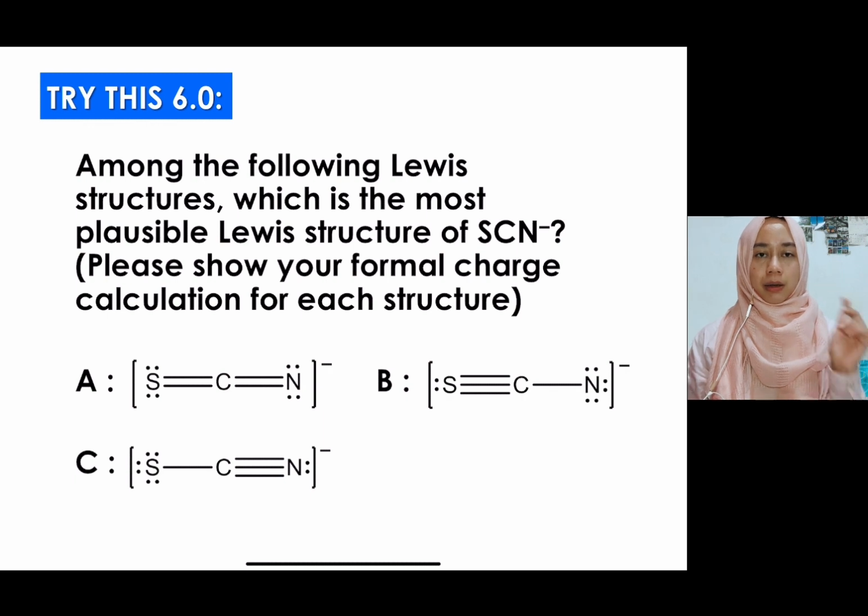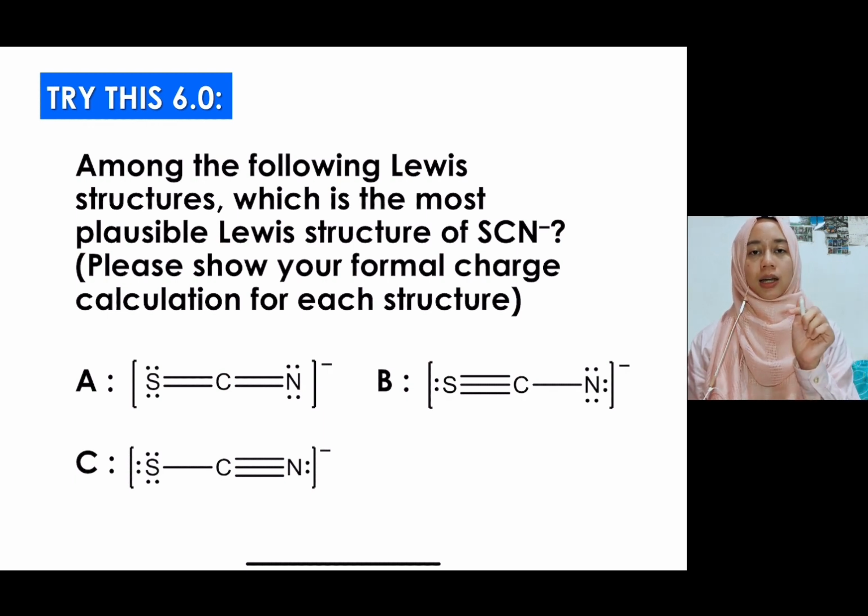Okay, sebab bear in mind sekali lagi, hint dia adalah in order for a Lewis structure to be the most plausible Lewis structure, dia ada 2 syarat kan. The first one adalah the formal charge approaching 0 ataupun equals to 0. Okay, itu adalah priority. Equals to 0 itu adalah priority.